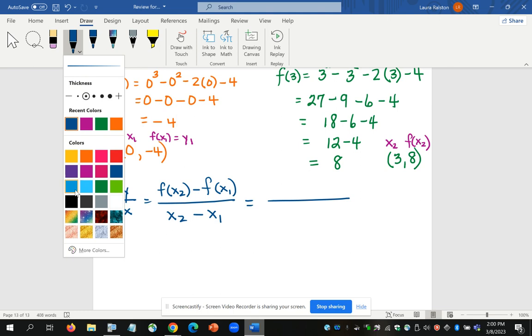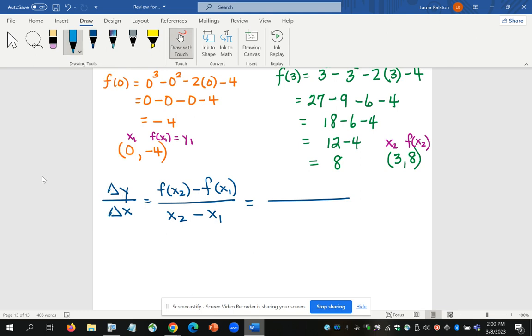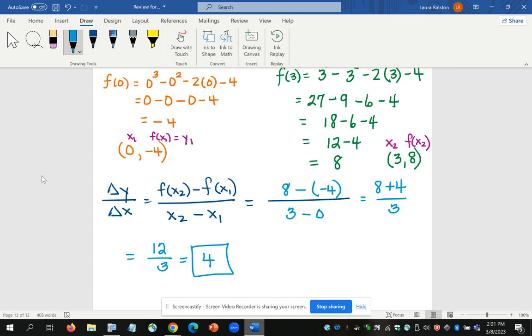It just becomes a substitution problem. So I have 8 minus a negative 4 over 3 minus 0. So I have 8 plus 4 over 3. 8 plus 4 is 12, and 12 divided by 3 is 4. So the average rate of change is 4.